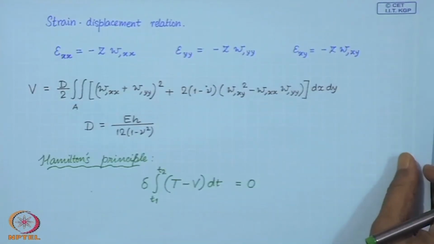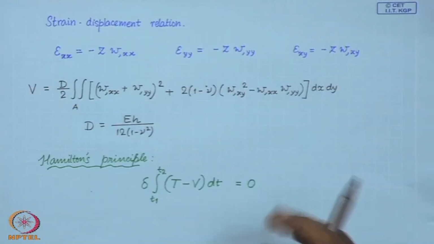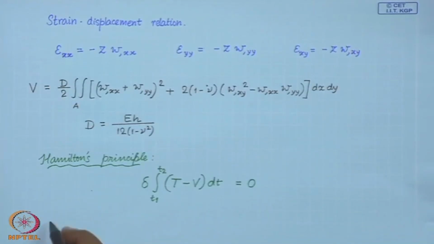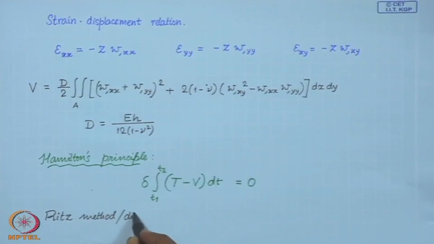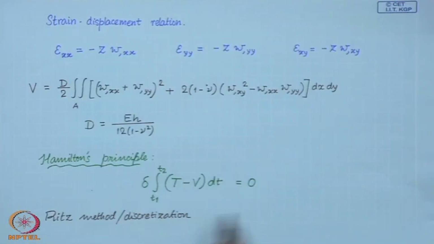Now, using this, we can also use the discretization using Ritz, based on this Hamilton's principle and Ritz expansion.